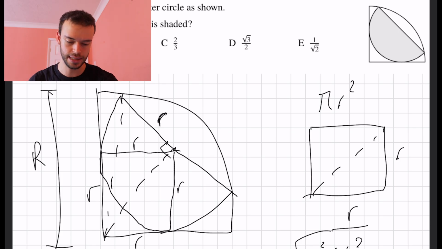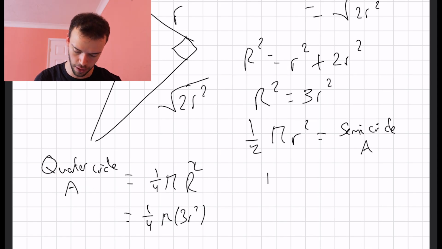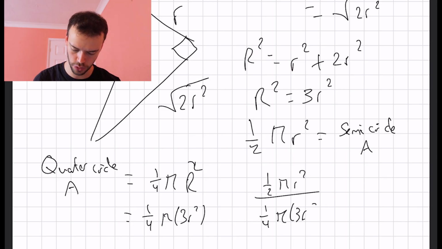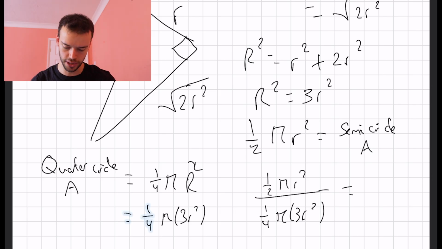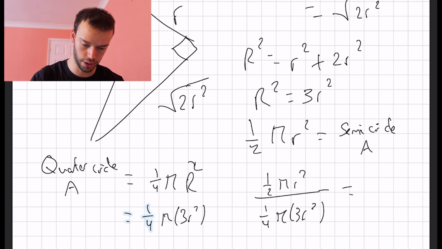Now let's find the fraction of this quarter circle which is the shaded region. Well, that's going to be the area of the semicircle divided by the area of the quarter circle. So we're going to have a half pi r squared all over a quarter pi lots of 3r squared. Note that we can just cancel out the pi's and the r squareds, and then we just have numbers left over.